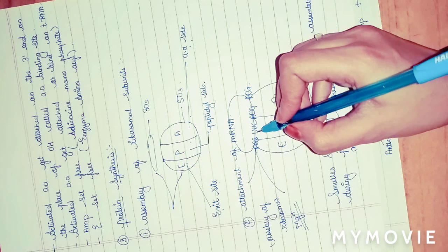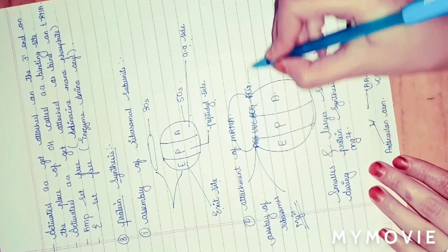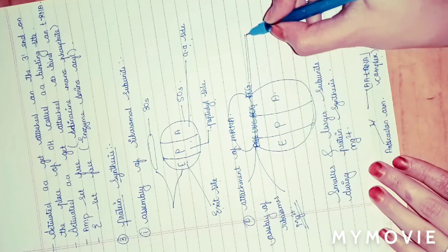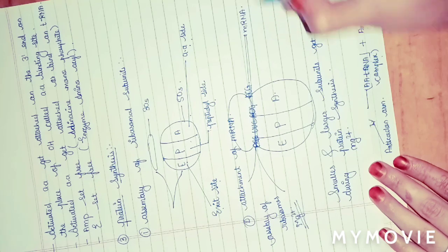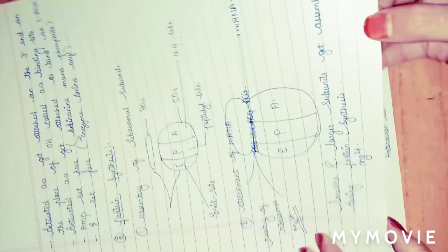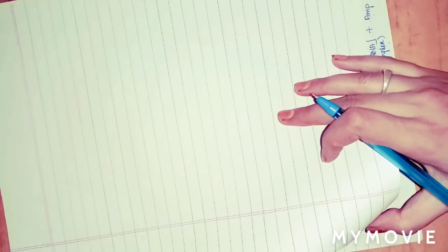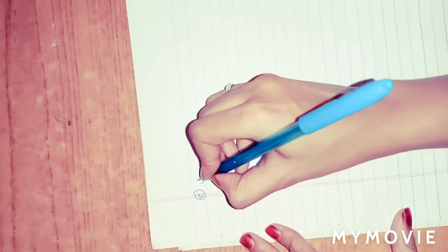In this step, mRNA gets attached on the base of the smaller subunit. Now the third step is polypeptide synthesis. Third step is polypeptide synthesis.